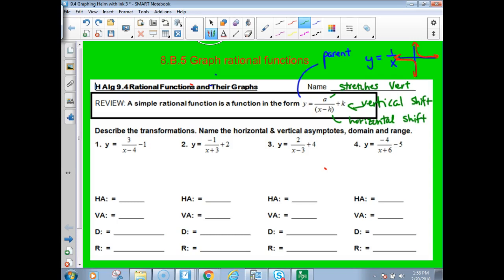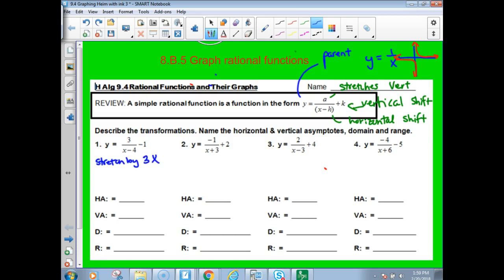Now we'll get a little more specific as to what's going on with these graphs. What's going on here? That would be a stretch by 3 times. You know what I'm talking about? That A value, okay?